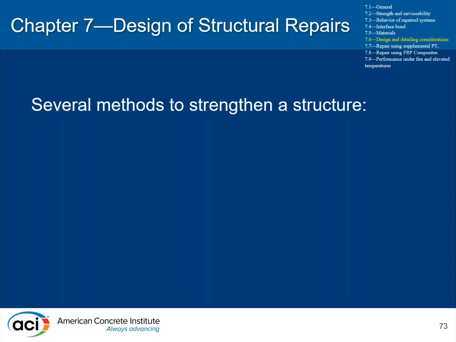With having talked about the bond strength and the necessity of potential interfacial reinforcement and also the importance of bond, we're going to now switch gears and talk about some of the methods to strengthen the structure.